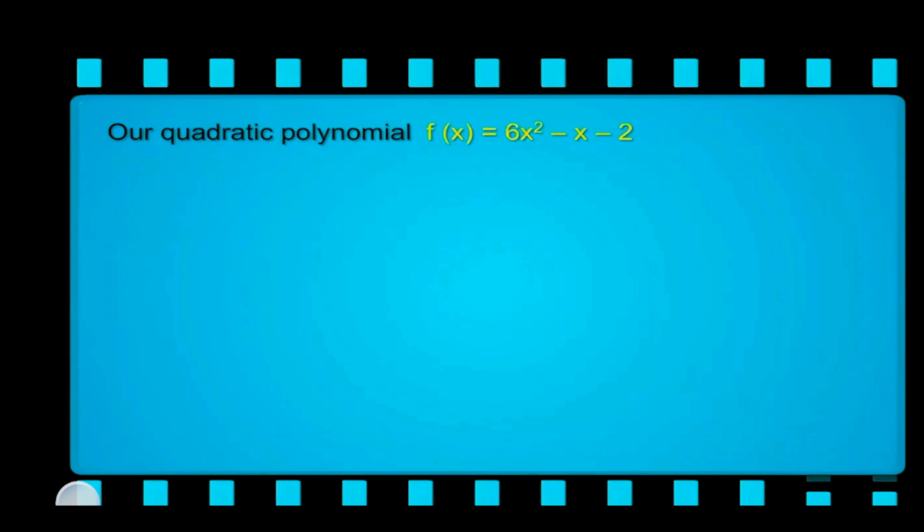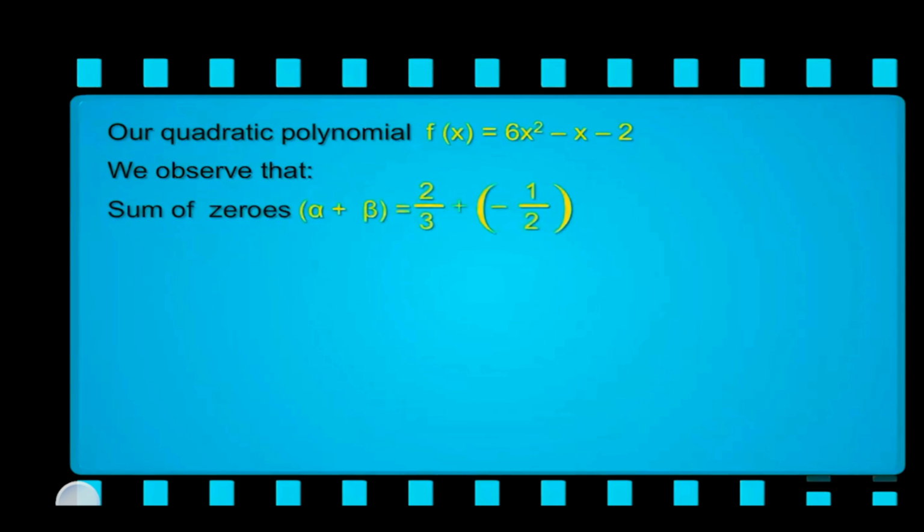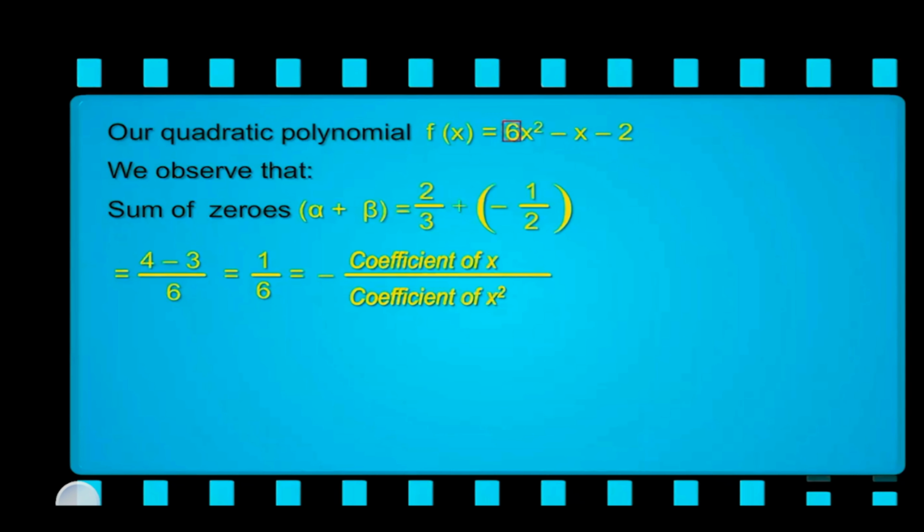For the quadratic polynomial f of x equal to 6x squared minus x minus 2, we observe that the sum of its zeros, that is alpha plus beta, is equal to 2 upon 3 minus 1 upon 2, which is equal to 4 minus 3 upon 6, which is equal to 1 upon 6, which is the same as minus coefficient of x upon coefficient of x squared.